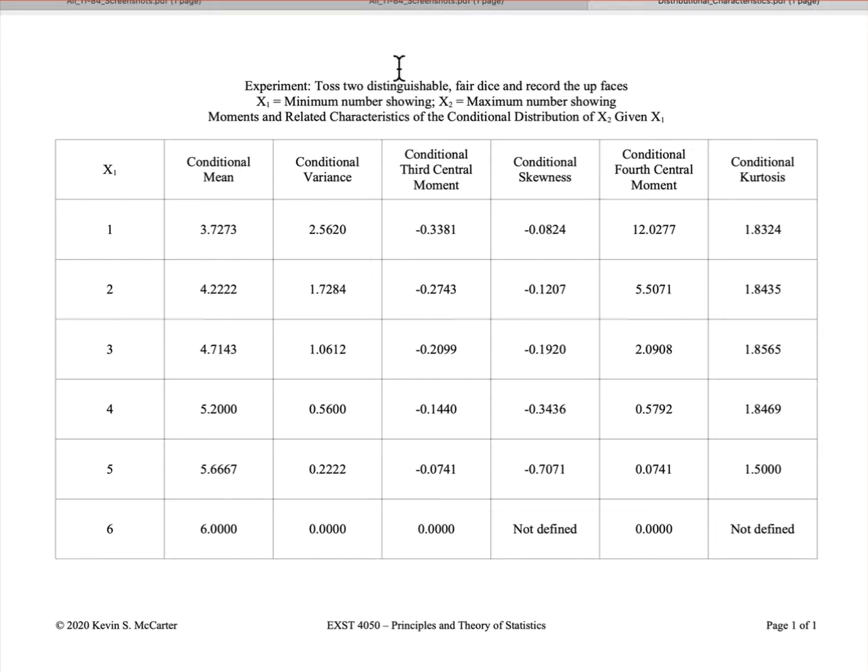Okay, and then we have a summary page, again containing the conditional mean, variance, skewness, and kurtosis, along with the conditional third and fourth central moments of the conditional distribution of x2 given x1 for each value of x1 in its sample space. So you might want to write these values down, and as you work through this example, which I highly recommend that you do, compare your results to what we've obtained here.